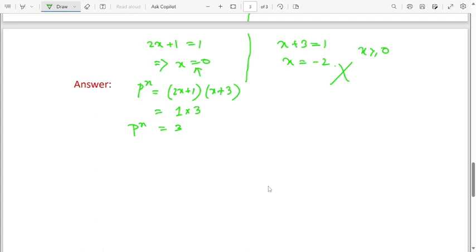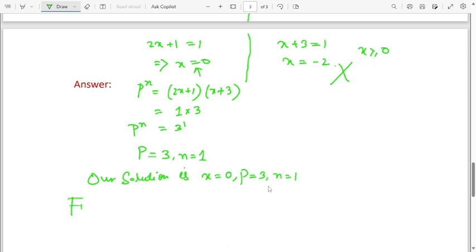Could you tell me what will be p? p is nothing but 3 and n equal to 1. So therefore our solution is x equal to 0, p the prime number is 3 and n equal to 1.